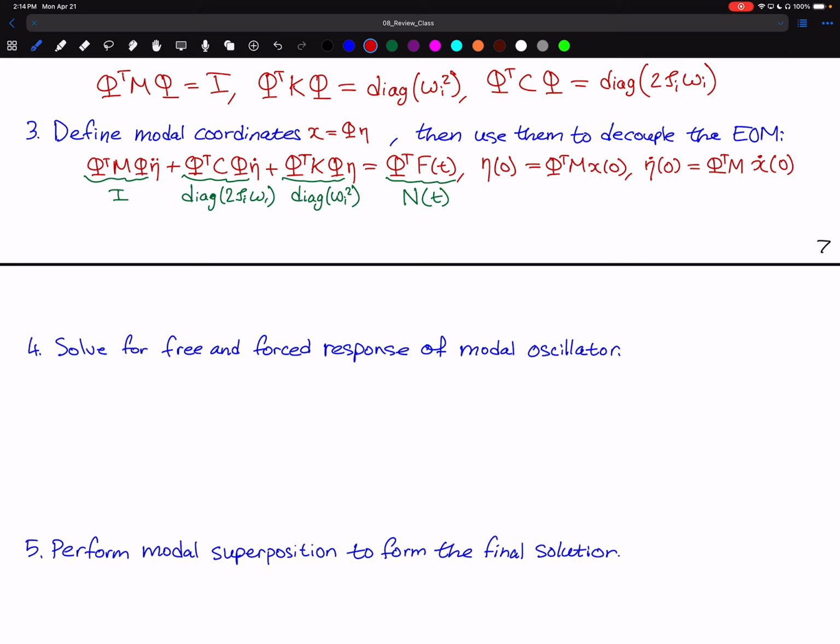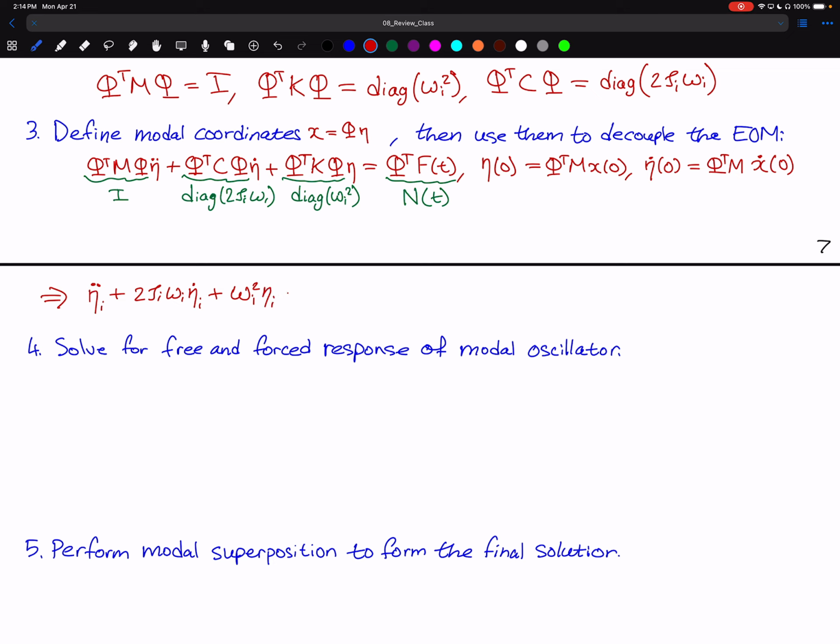Okay, from here, we'll end up with a second order ODE for every mode, or every modal coordinate, of the form eta sub i double dot plus 2 zeta i omega i times eta sub i dot plus omega i squared times eta i.